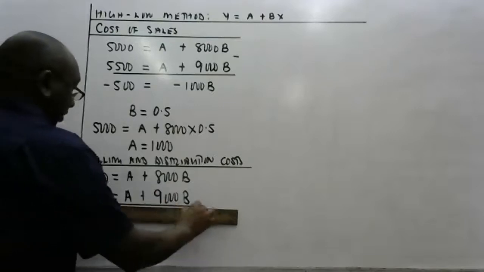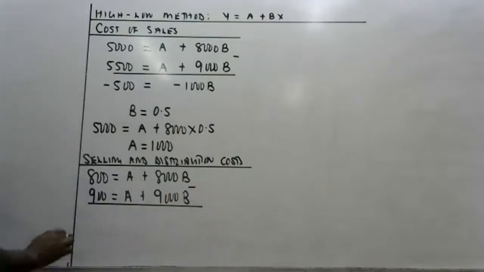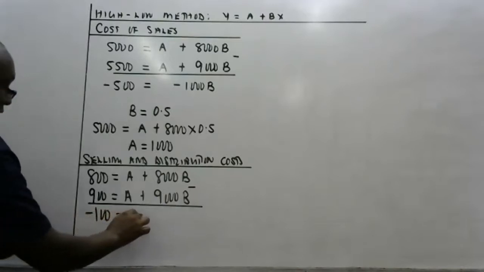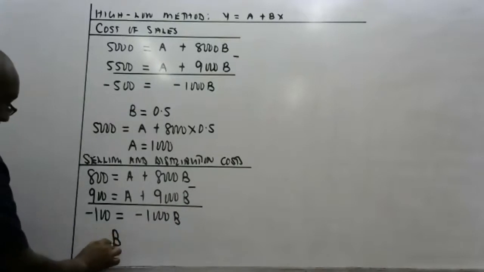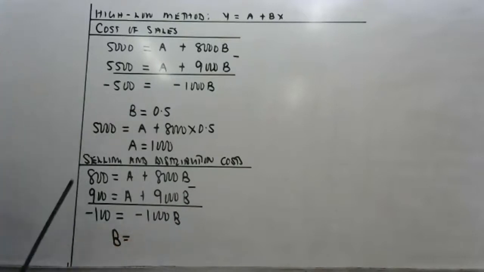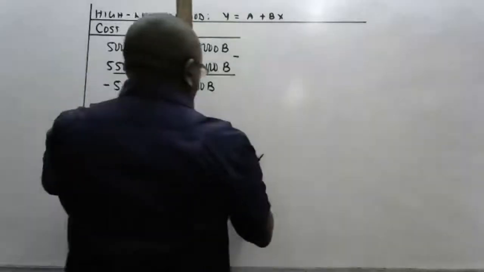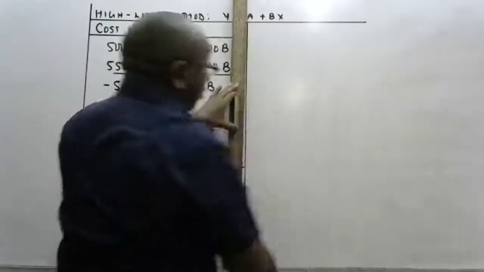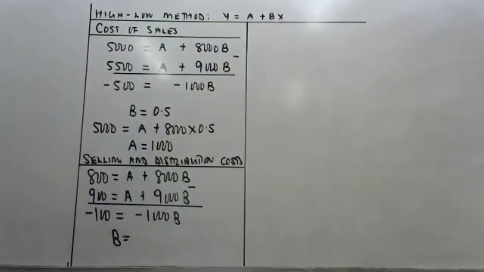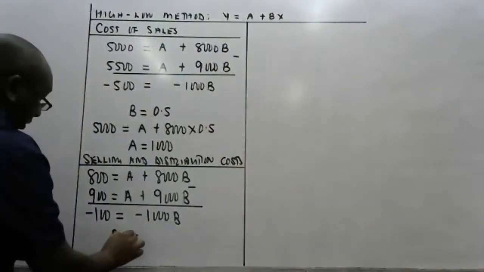So you subtract here, and this is minus 100 being equal to minus 1,000 B. So tell me B is what? Give me the value of B. Yeah, 0.1.